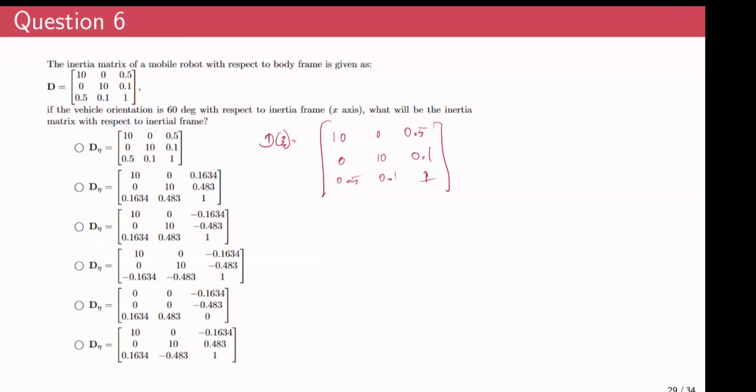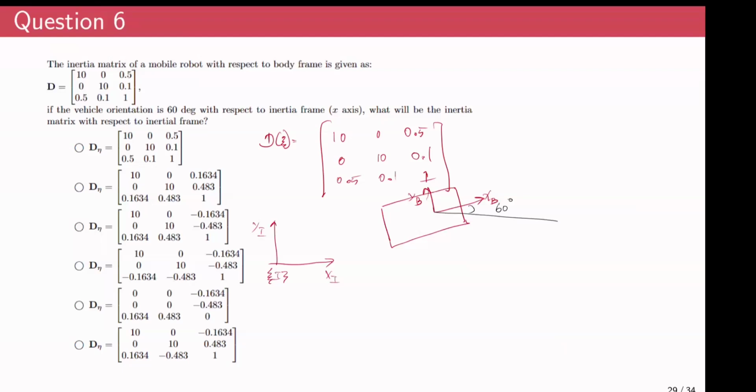So you have this inertial frame of reference attached to the ground. This is the inertial frame of reference, xi, yi, and the mobile robot is oriented 60 degrees. This is xb, this is yb, and this relative orientation, this is 60 degrees.